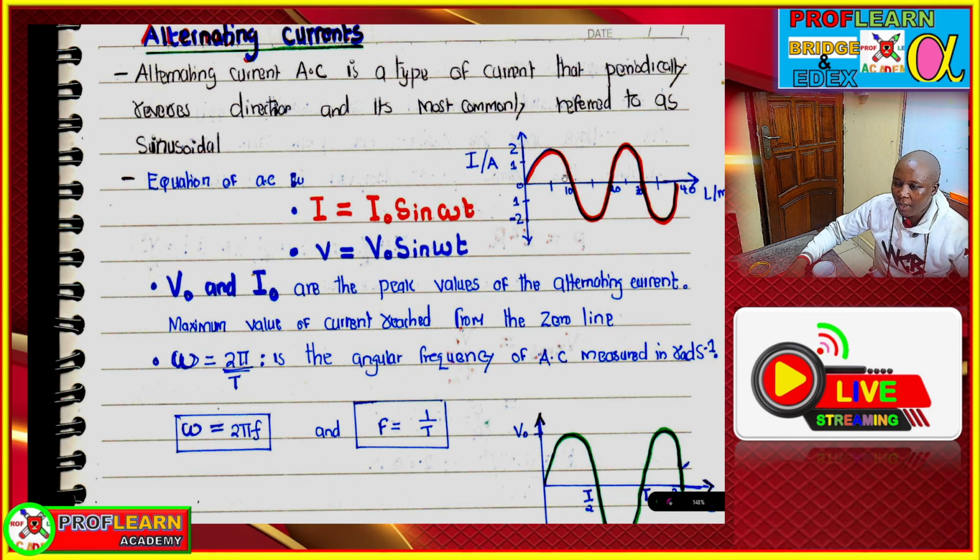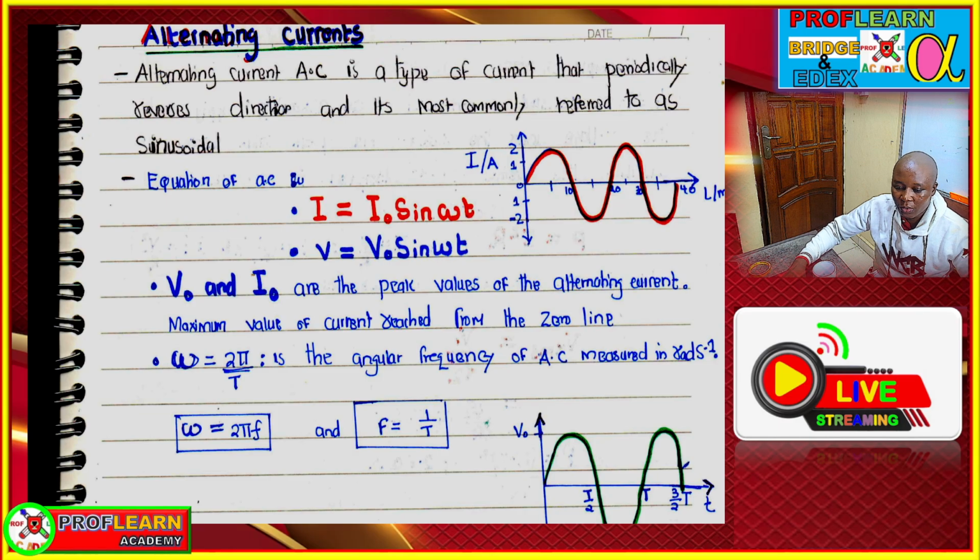This type of waveform can be represented because it looks like a sine wave, whereby it has amplitude, which is the peak voltage or peak current.